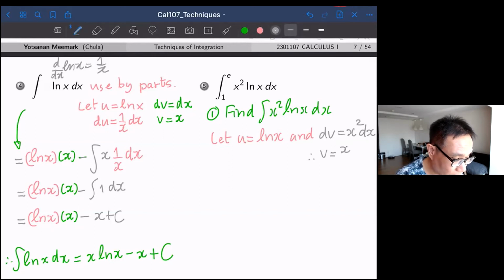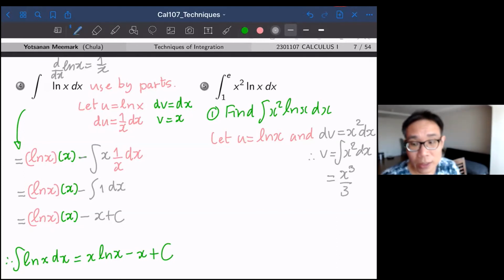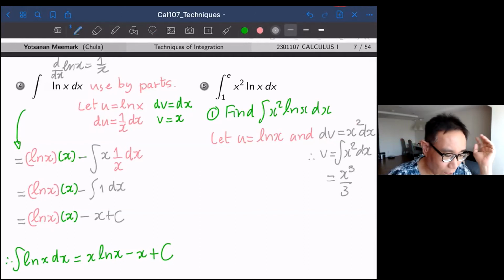So you see that it's going to be the integral of x squared dx, and we cannot avoid it, it's going to be x cubed over 3. So it's going to make the exponent larger like we had before, and we would not be able to use it for the integral of x e to the x, right?